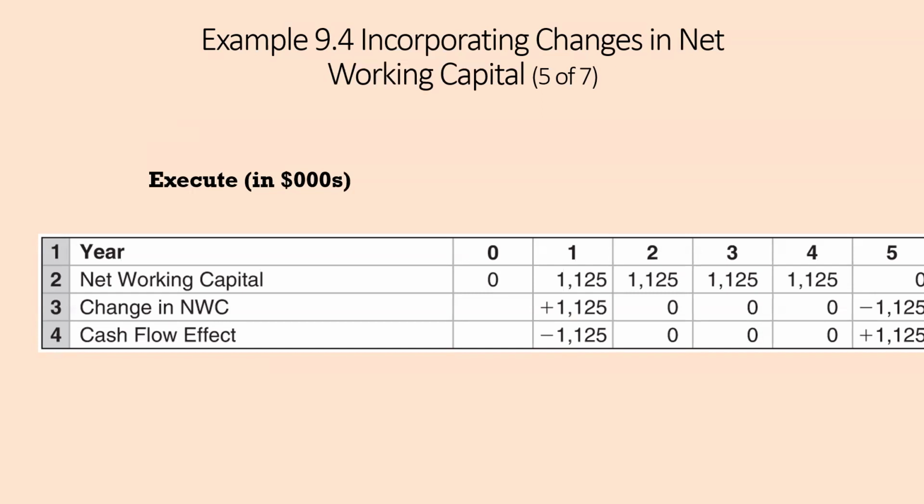However, in year 5, upon the cessation of the project, net working capital diminishes by $1.125 million due to the receipt of payments from the last customers and settling of the final bills. Now, this $1.125 million is then included in the free cash flow for year 5.